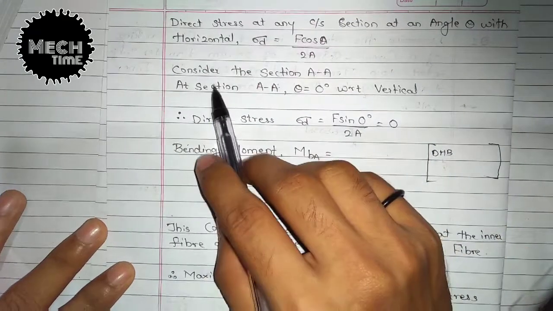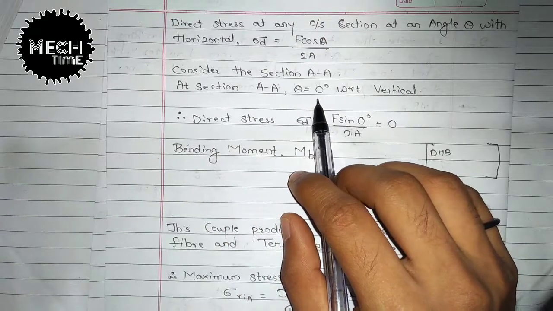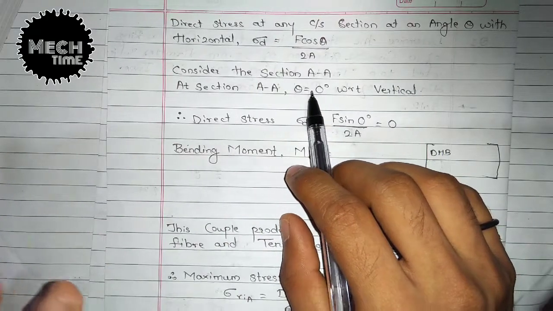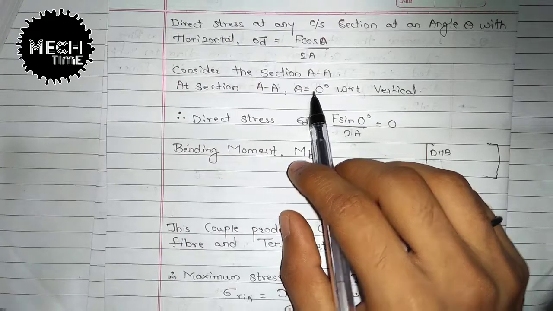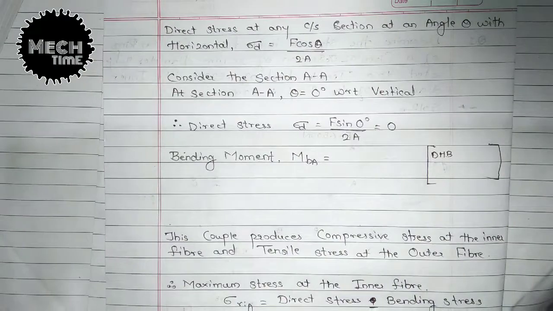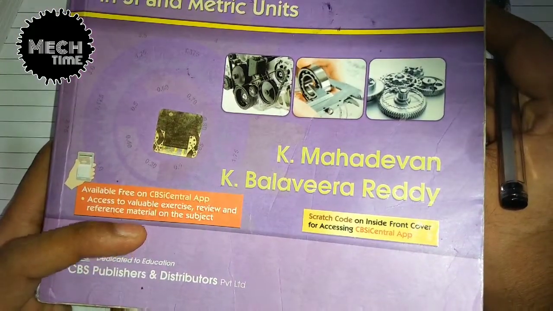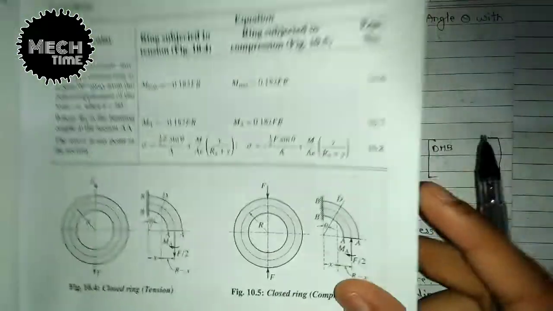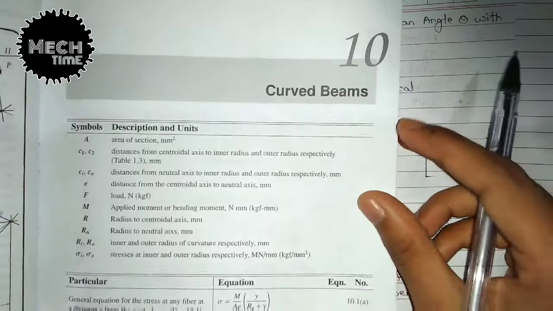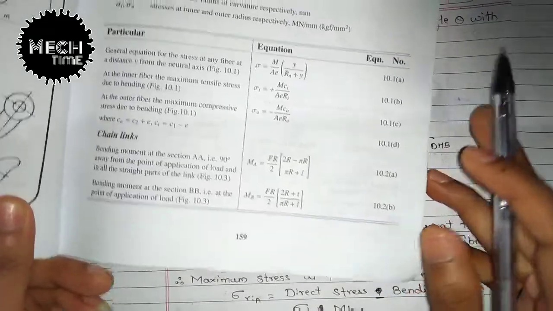So at section A to A, theta is equal to 0 with respect to the vertical. It's there in the data handbook. I am referring to the data handbook by K. Mahadevan and K. Balaveera Reddy. I don't know which page number you have, but if you go to the index and look for curved beams in this book, it is on page number 159.